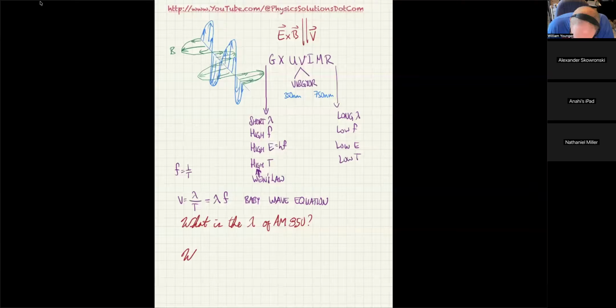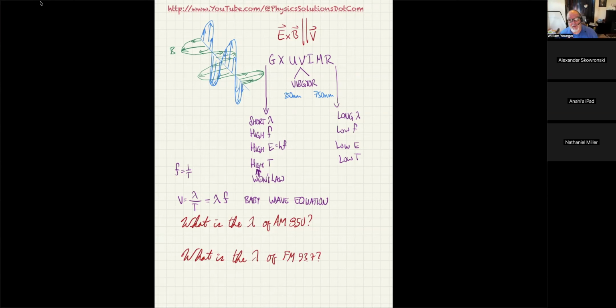And then I could ask you, what is the wavelength of FM 93.7? Okay. The big trick here, and this is something you've got to commit to memory, because one, you have to know this electromagnetic spectrum. Those orders, those parts, and know that the left-hand side is small wavelength, high frequency, high energy, high temperature.